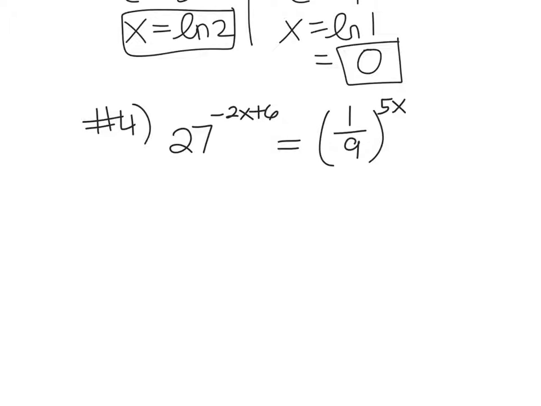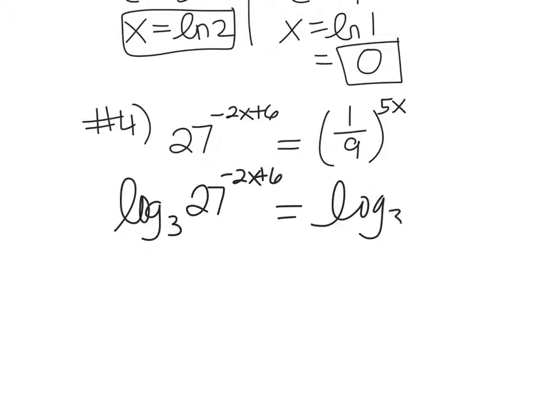Okay. Let's do log base 3 of 27 to the negative 2x plus 6 equals log base 3 of 1/9 to the 5x.